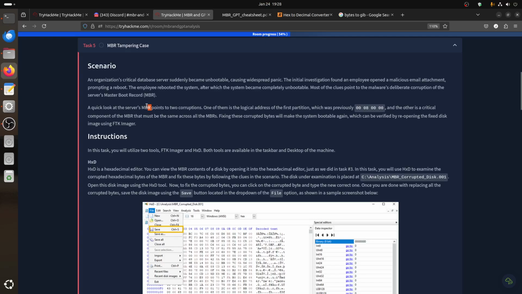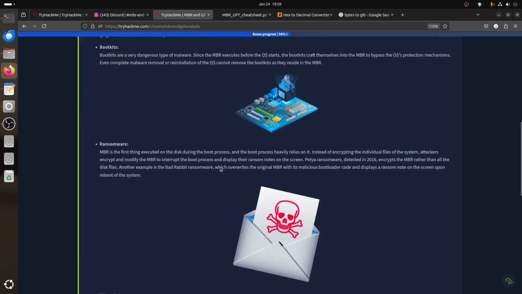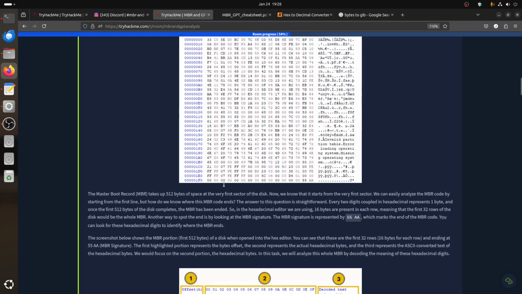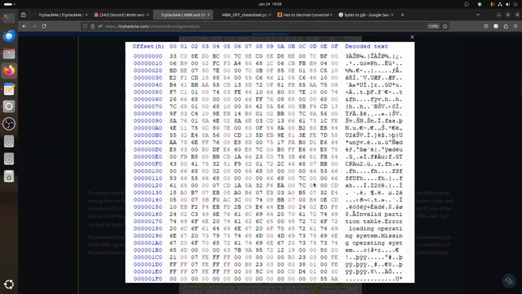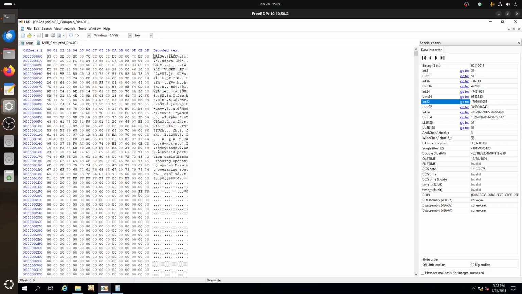Remember, we're doing this with the MBR. The first thing you know when you do an MBR is that it ends with 55 AA. This is the magic number, and it needs to be there. So the first thing you do when you try to fix it is type 55 AA there. We fixed the magic number.